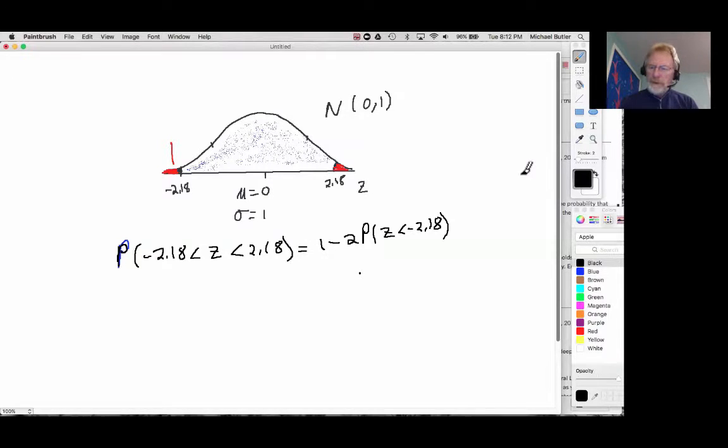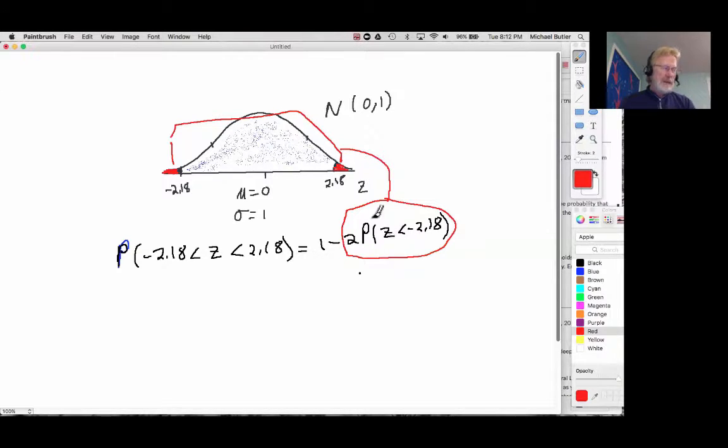Remember that the red stuff here, let's do that in red, maybe it'll help. These two here, we know those are the same, right? So the red stuff is that. If I take the red stuff away from 1, what's left over is the blue stuff, which is what I'm looking for.